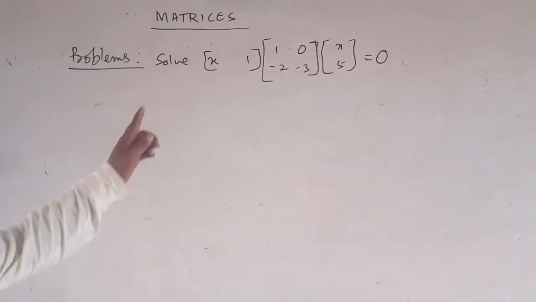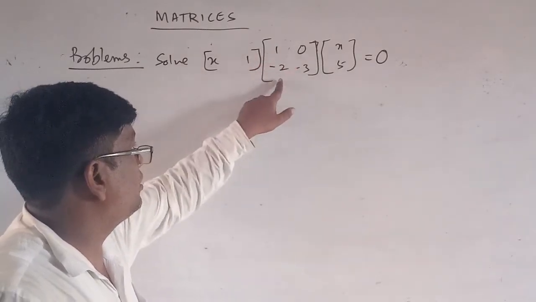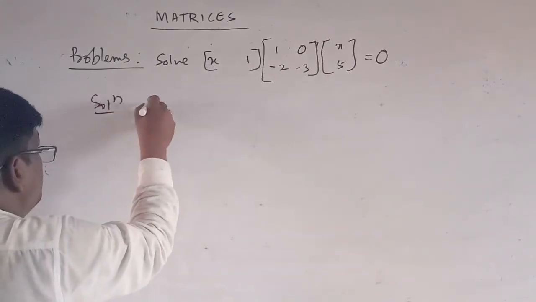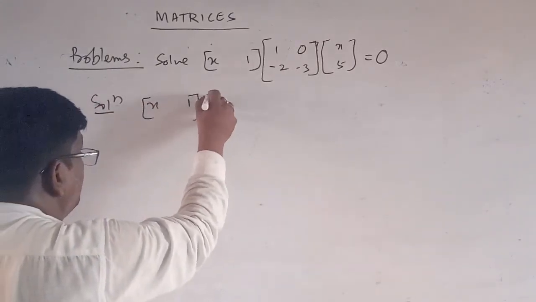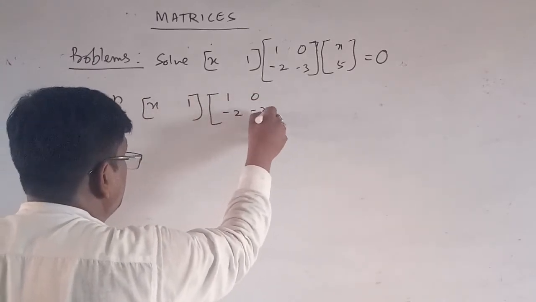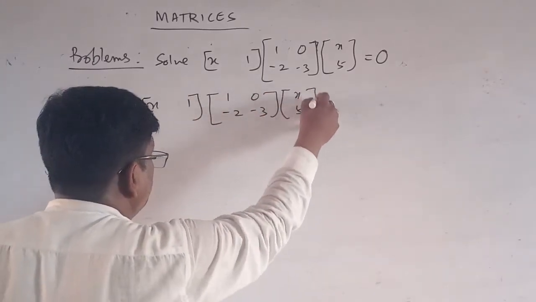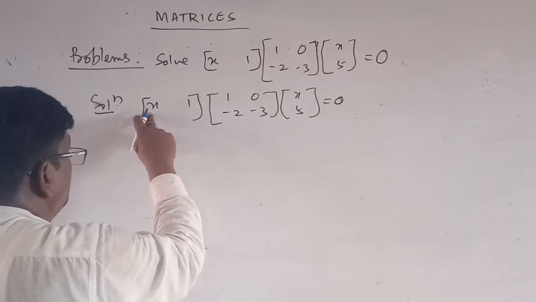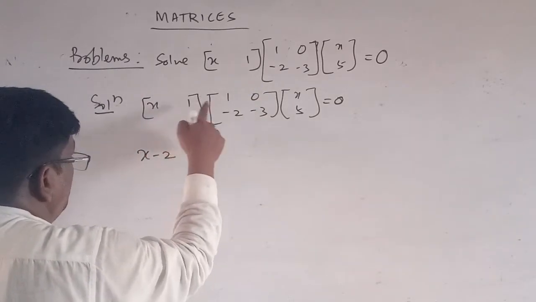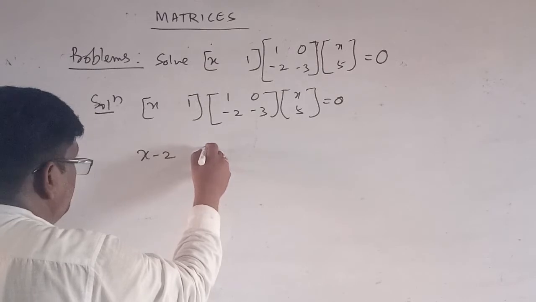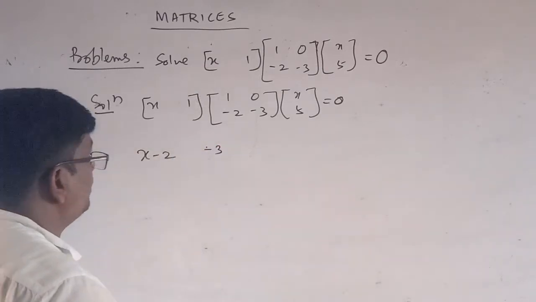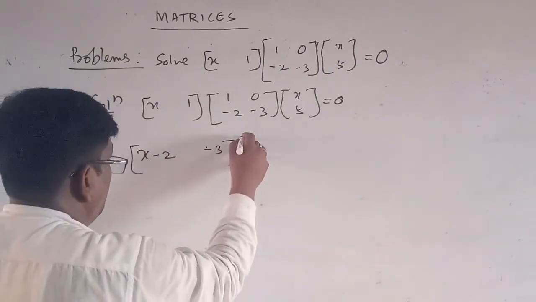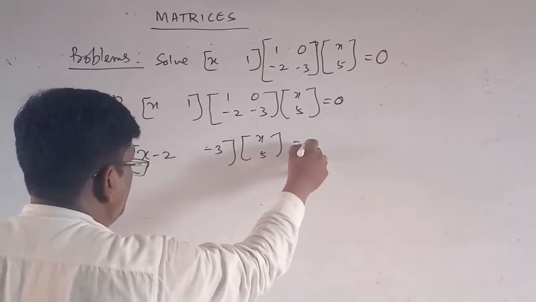Now solve: [x 1] into [1 0; -2 3; -2 -3] [x 5] equal to 0. Solution: this is x 1 and this is 1 0 minus 2 minus 3, x 5 is equal to the 0 matrix. So x minus 2, then 0 minus 3, into x 5 is equal to 0.